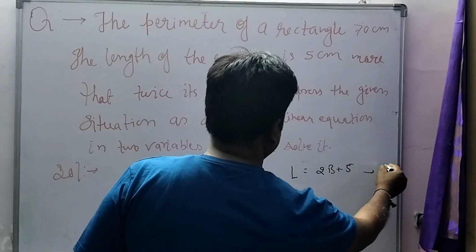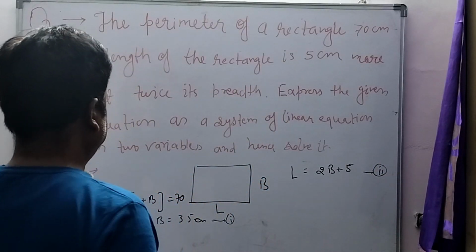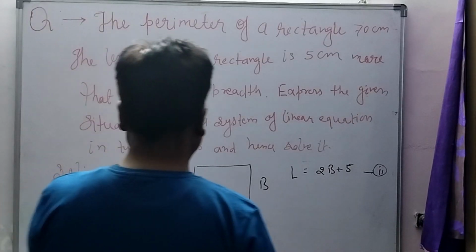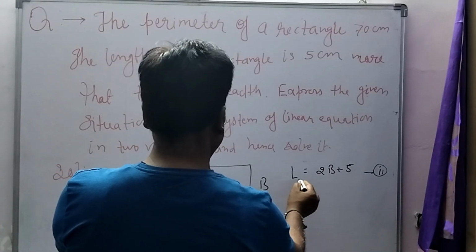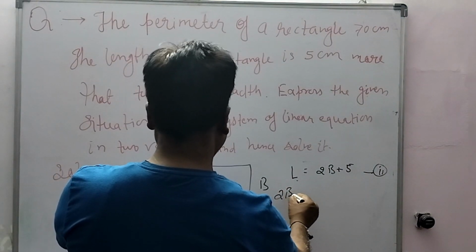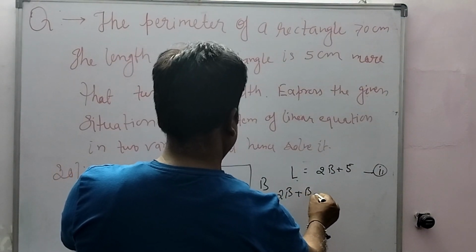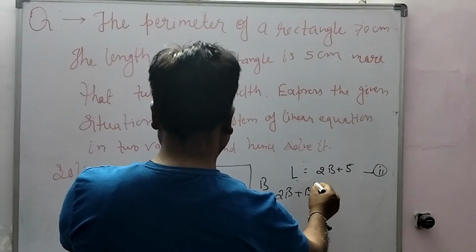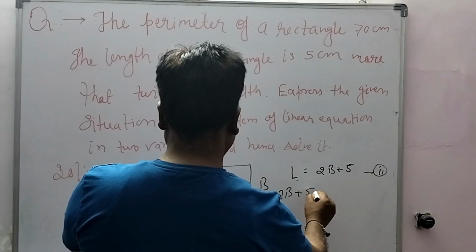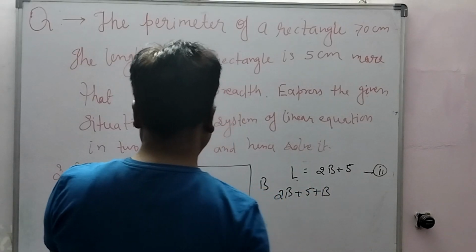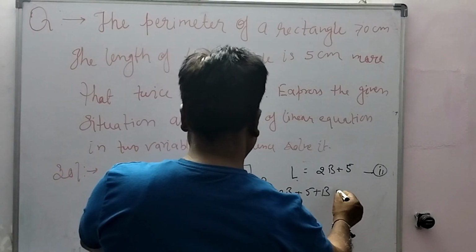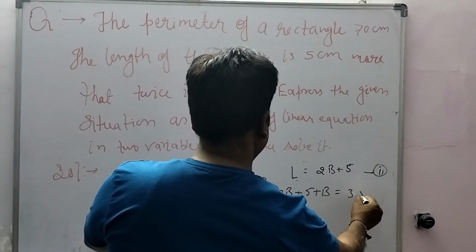We use both relations to solve the problem. We replace L: 2b plus 5 plus b equal to 35.